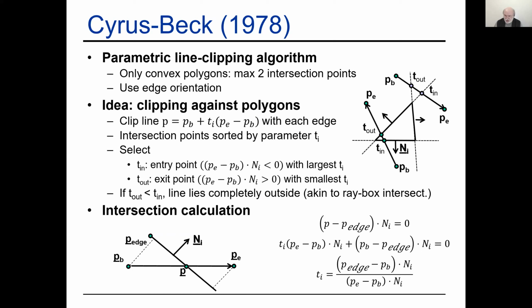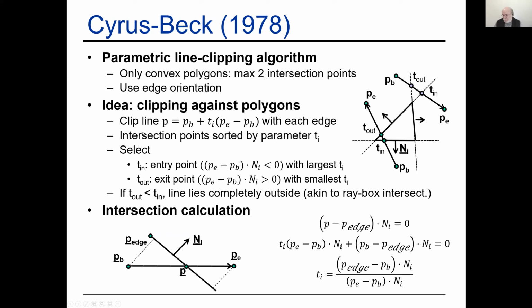The nice thing about convex polygons, so it's not limited to an axis-aligned rectangle, is if the polygon is convex, then any line segment can have at most 2 intersection points with the edge of that polygon. And this approach also uses the edge orientation, and that will show up in some of the other algorithms, and it will show up for rasterization as well.